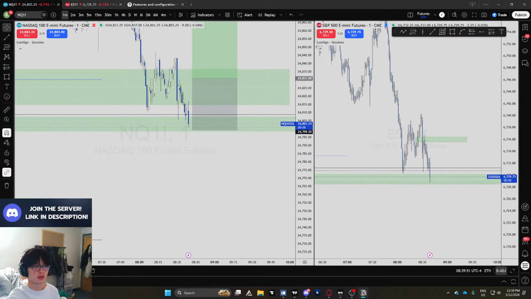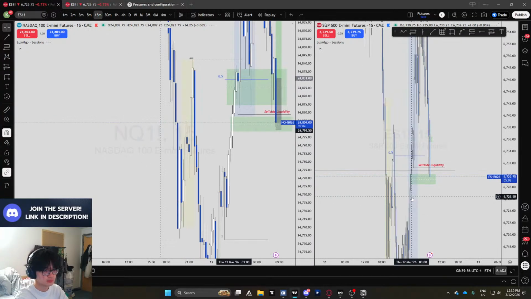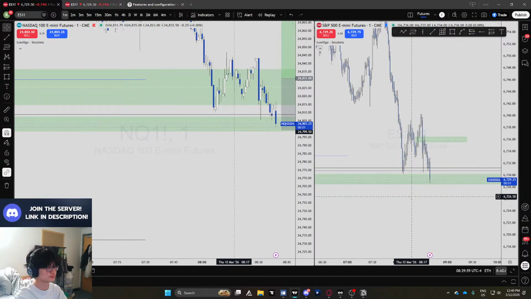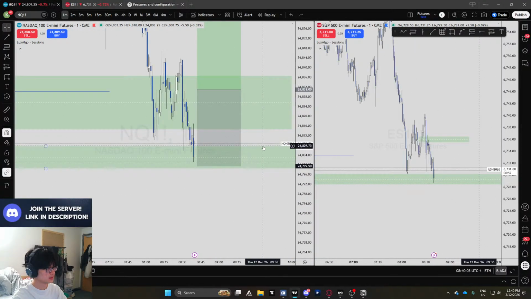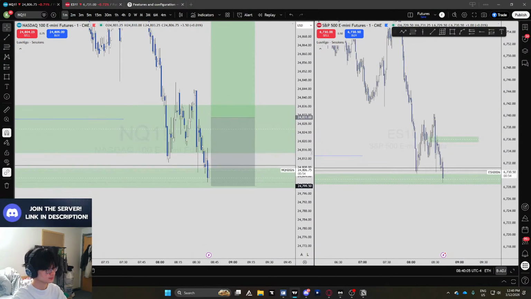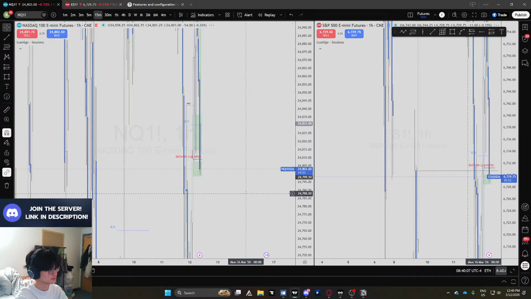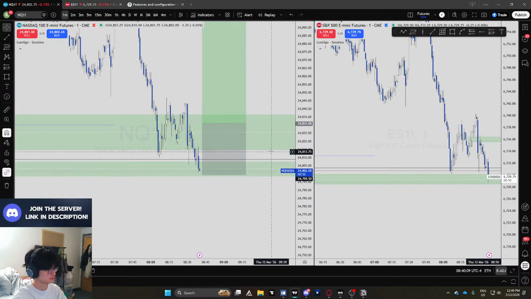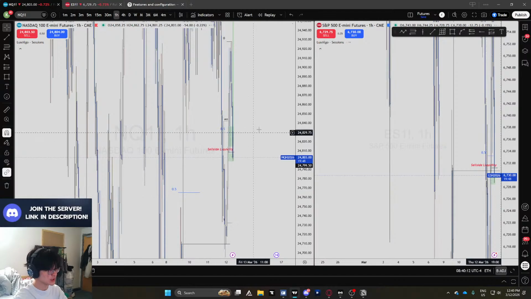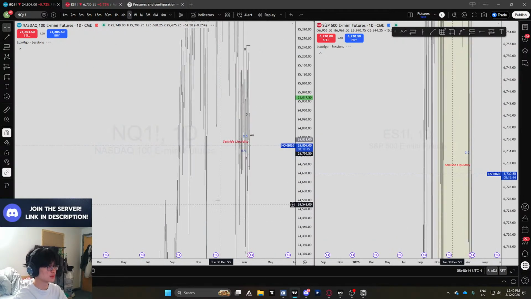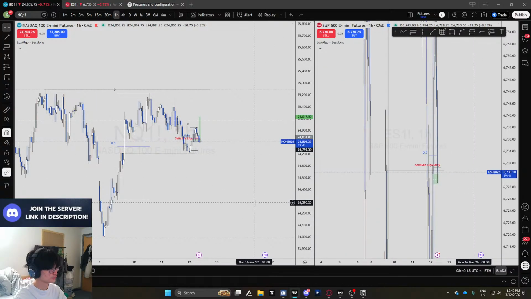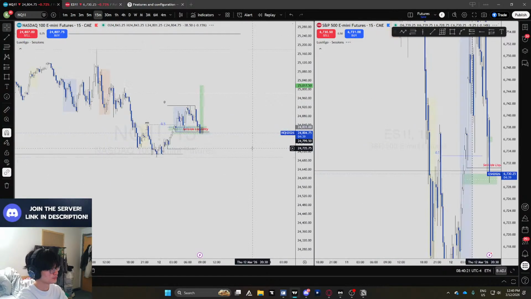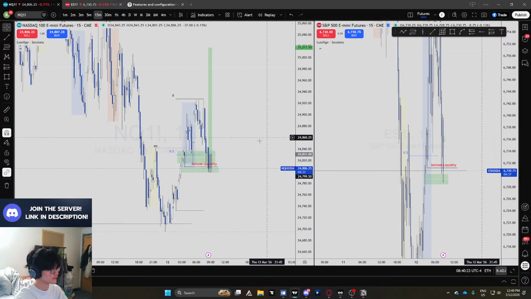Much nicer sweep now, yes. Now I'd like to see some displacement higher. I could be offside, but I don't feel like I'm offside actually.